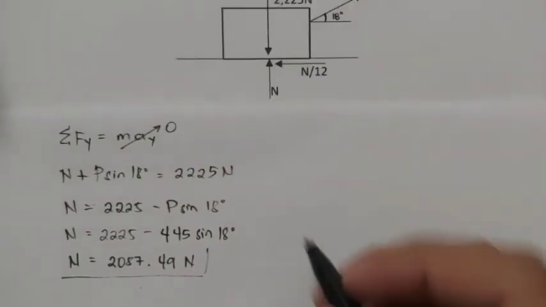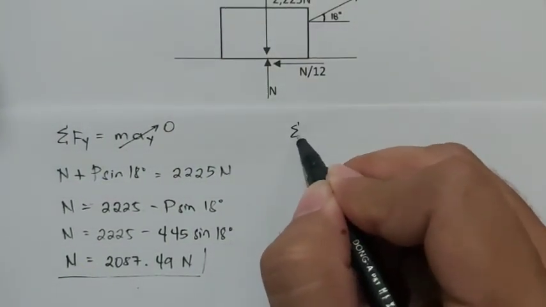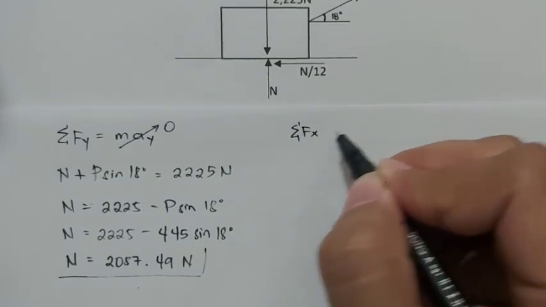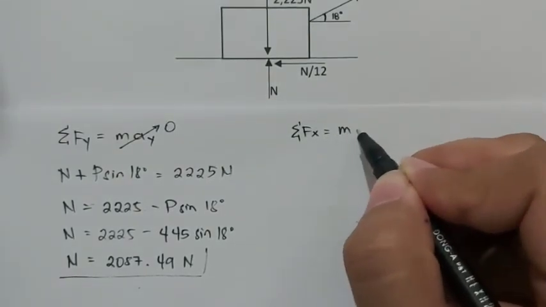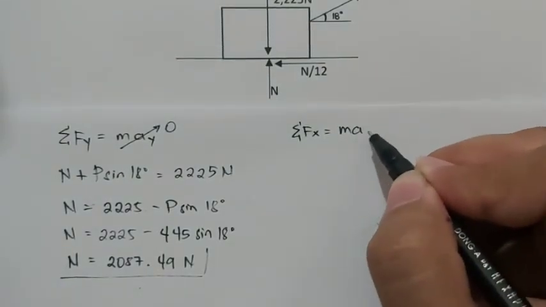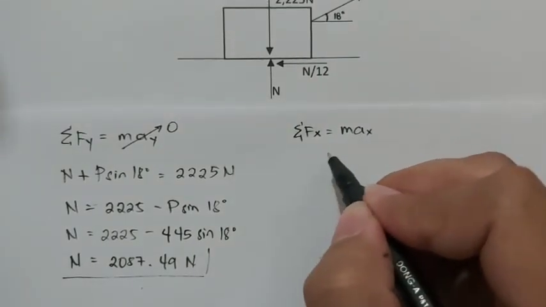Next, summation of forces along x is equal to mass times acceleration of x.